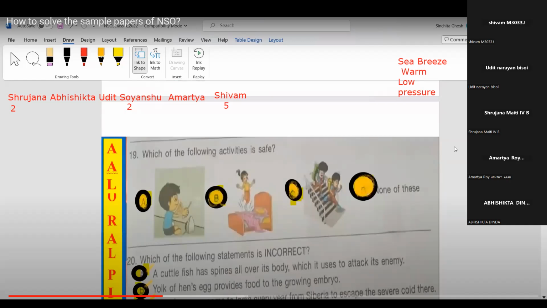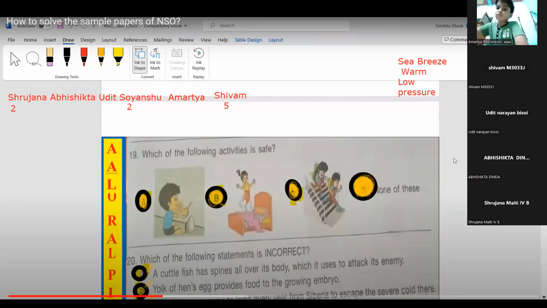See Udit. When the air is warm, which type of pressure will it be? Will it be low pressure or high pressure? High pressure. No, if the air is warm, it is low pressure. Always remember, when the air is warm, it is low pressure. And when the air is cold, it is high pressure.